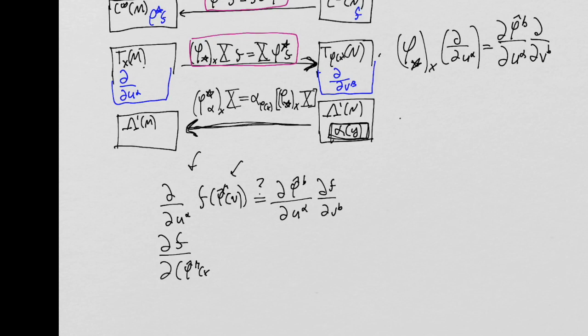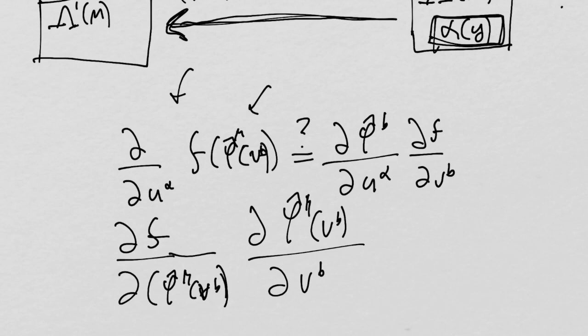And it should be, say, vb. So this is vb. The derivative of f with respect to that times the derivative of phi hat mu vb with respect to vb. I guess this should be a dummy variable. It shouldn't even be a v. Hold on, let me clean this up.